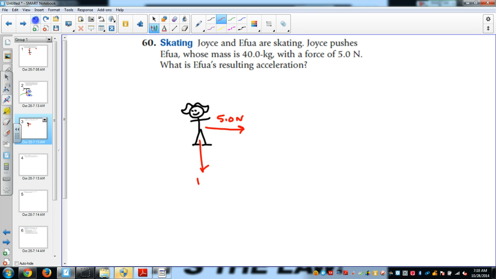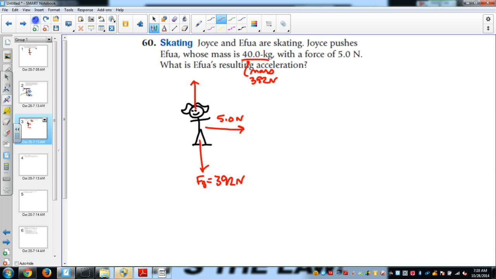This young lady has a mass of 40 kilograms, so when you take 40 times 9.8, you get 392. That's her weight.